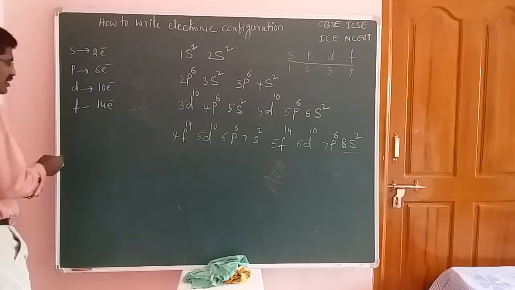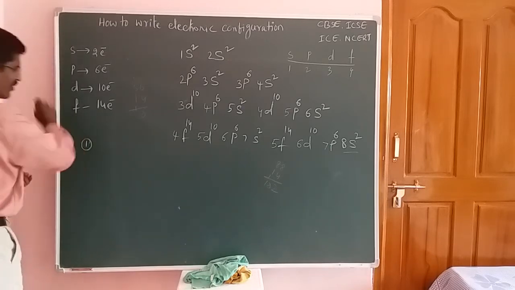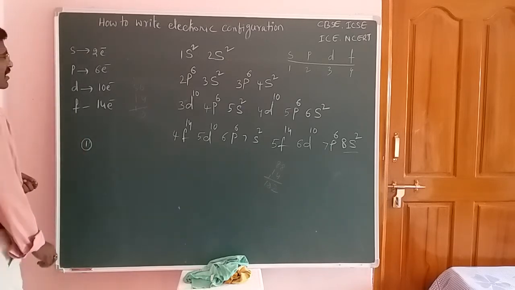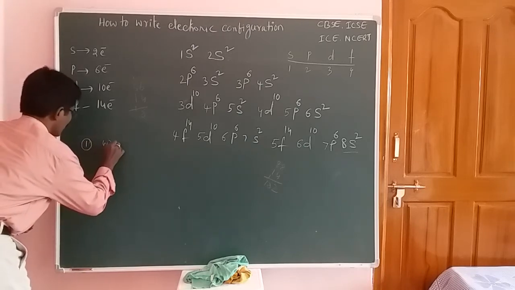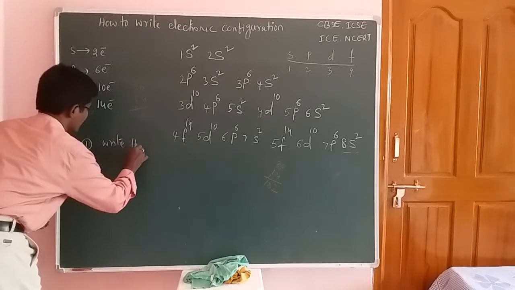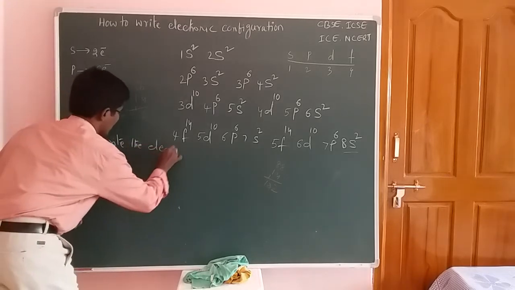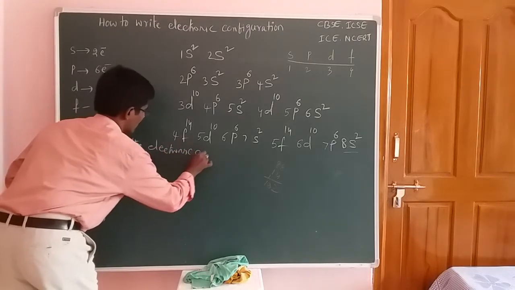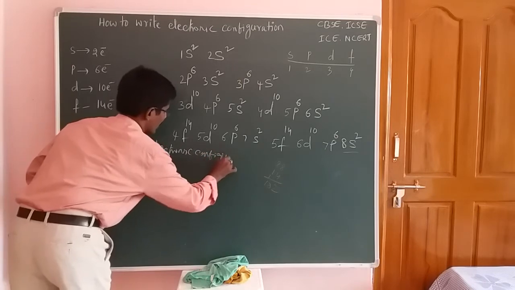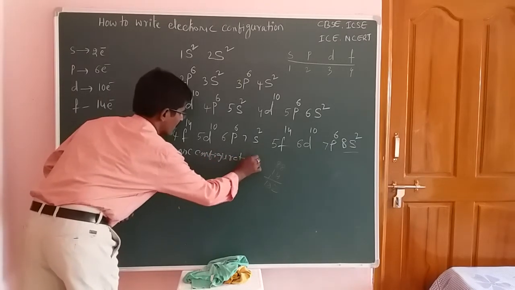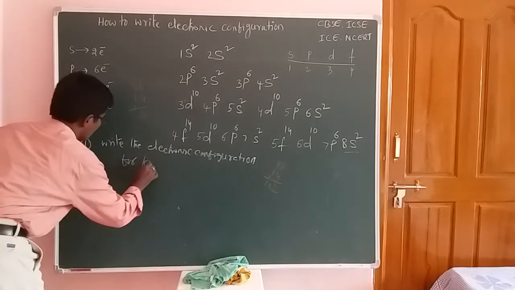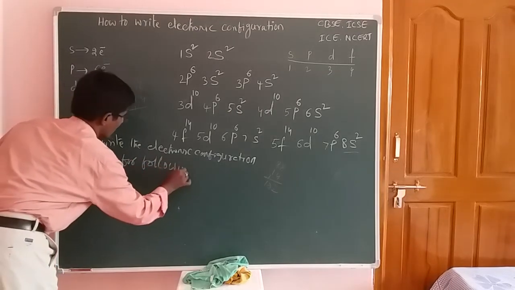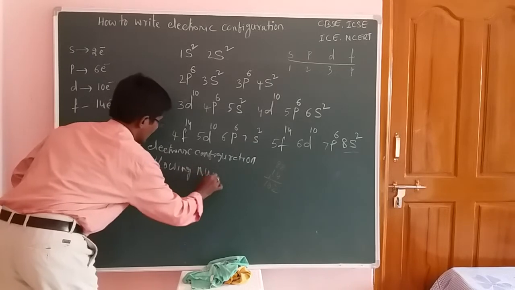So here, first question, write down, students, all of you. Write the electronic configuration for the following numbers.